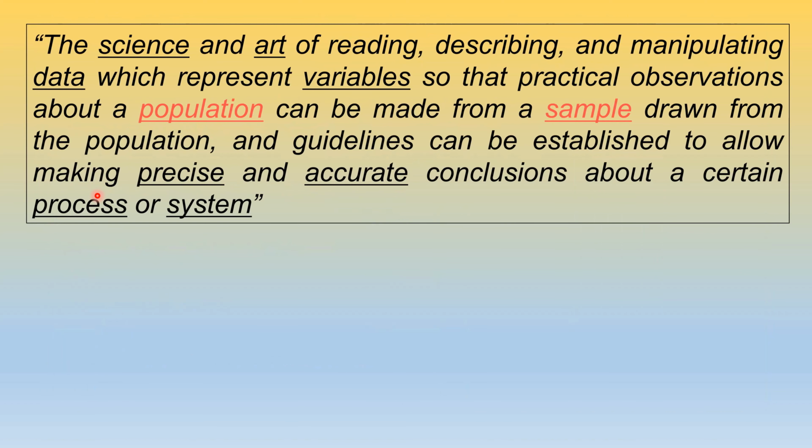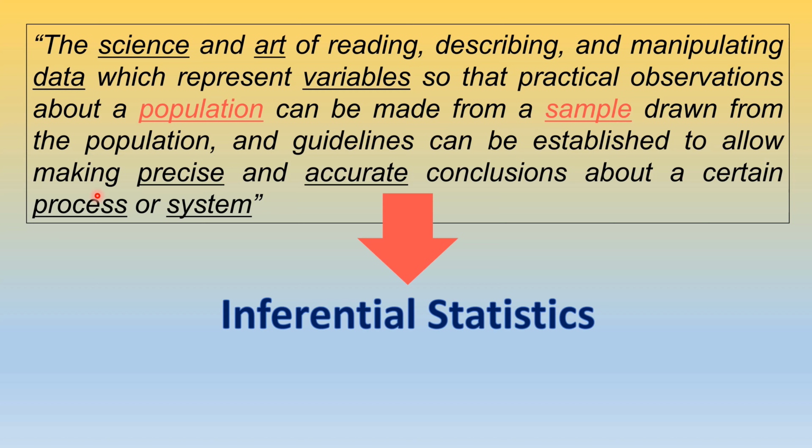Continue with the definition. The science and art of reading, describing, and manipulating data which represent variables so that practical observation about a population can be made from a sample drawn from the population. So here we have two new terms, population and sample. Now, in chapters 5 and 6, we will talk a great deal about population and sample under the subject called inferential statistics.